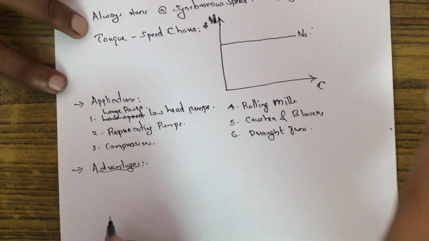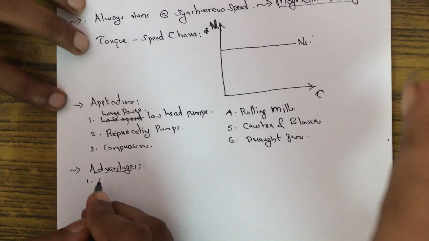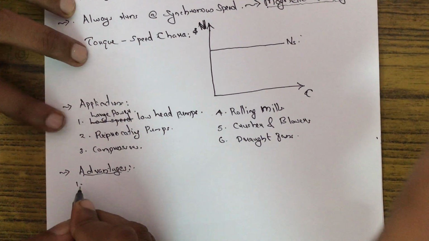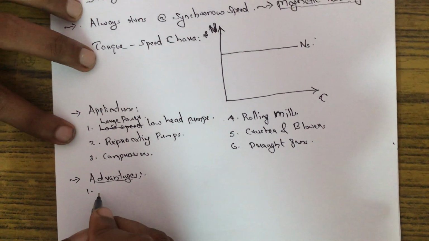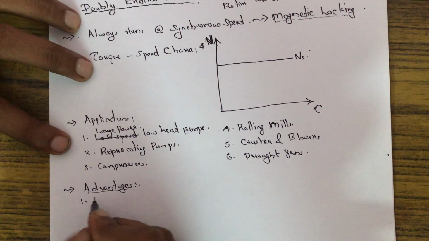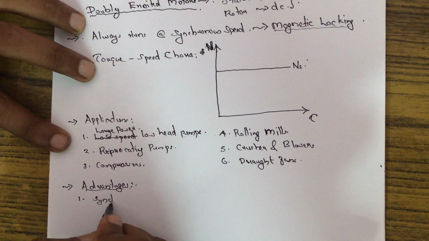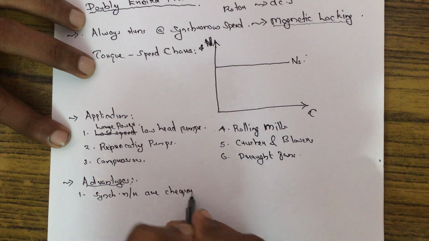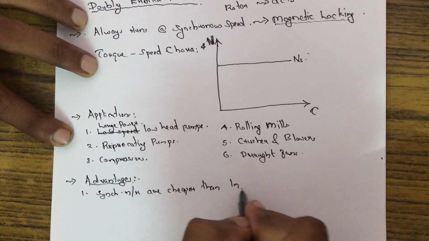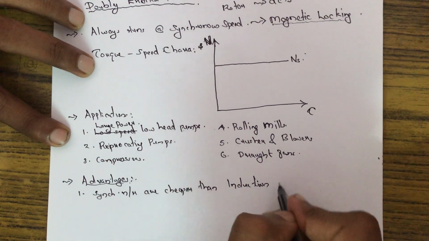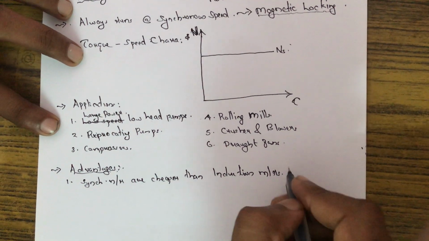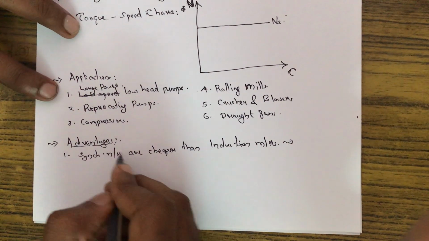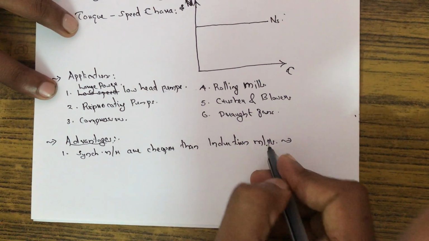Next we can see the advantages and disadvantages. The advantage of the synchronous motor is that it can be applied in large power, low speed applications. For large power, low speed applications, synchronous motors are cheaper compared with induction motors of the same rating.